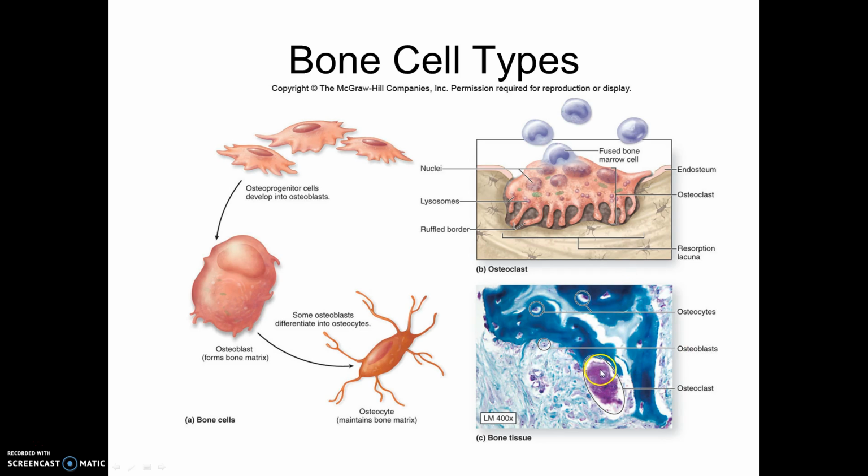So osteoclasts and osteoblasts have opposite effects. The osteoclasts will resorb bone by releasing hydrochloric acid, which dissolves the mineral components of bone, the calcium and phosphorus. But they also contain a large number of lysosomes, which you can see illustrated here. And the lysosomes release hydrolytic enzymes that break down the organic components of osteoid.